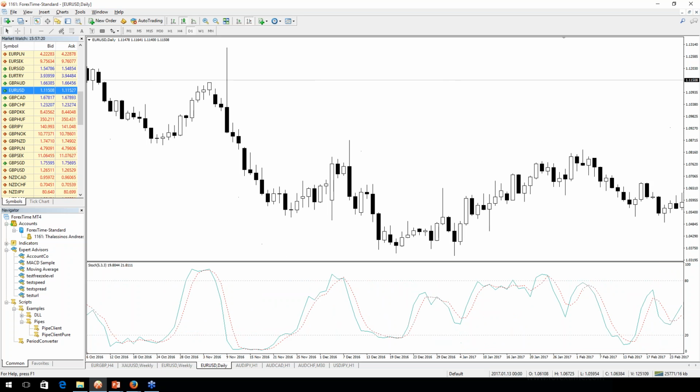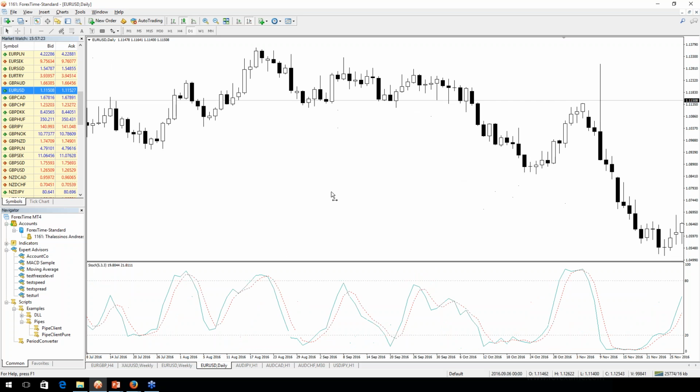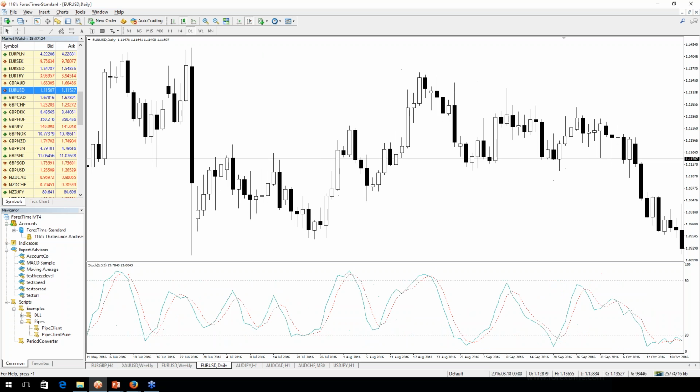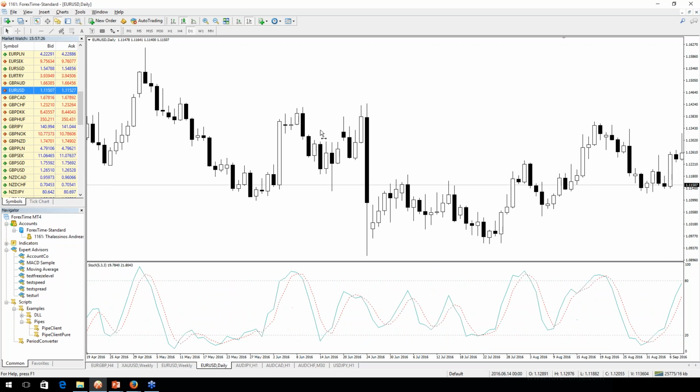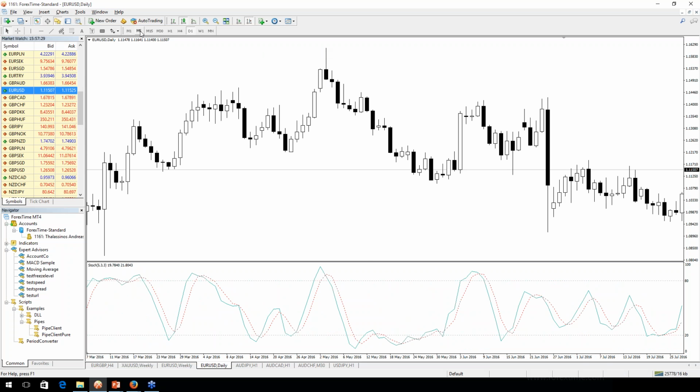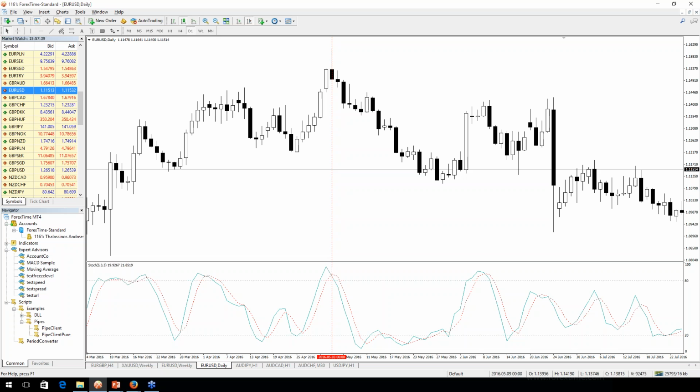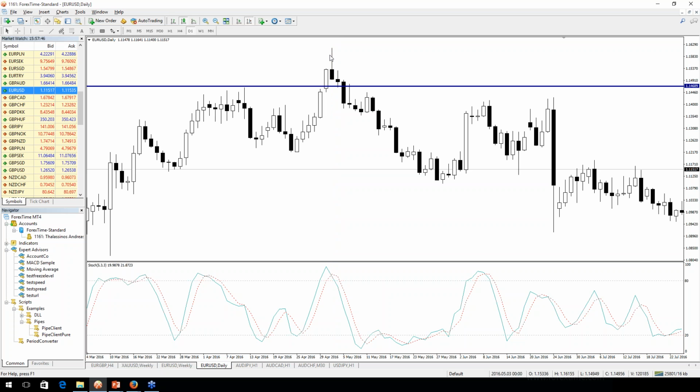But let's find another formation. What do you have here? Just very fast, I'm going through, just to see if I find something. What is that? Look at that, guys. Again, this is what we have been discussing today. Another shooting star. This time it is overbought, so I feel very comfortable to go short. Where? I will go short here, at the bottom of this candlestick.